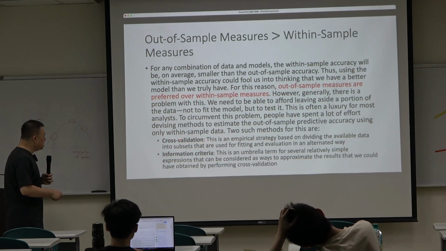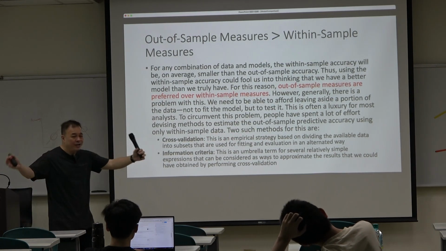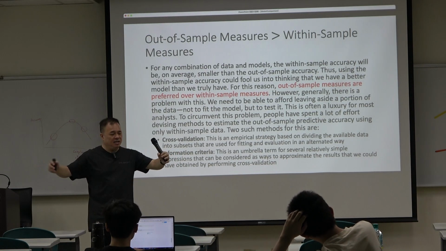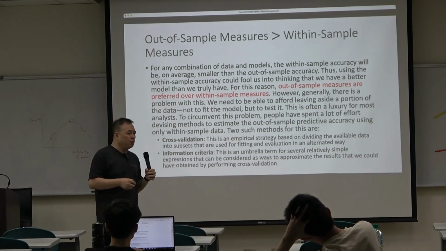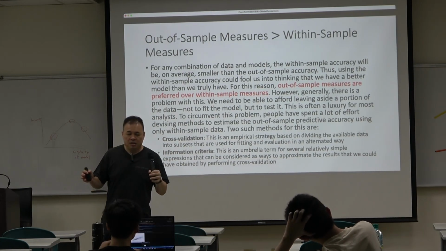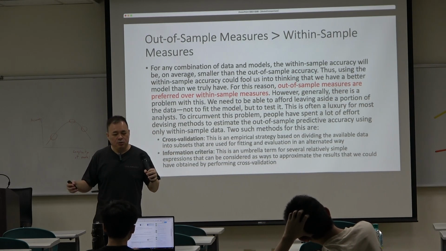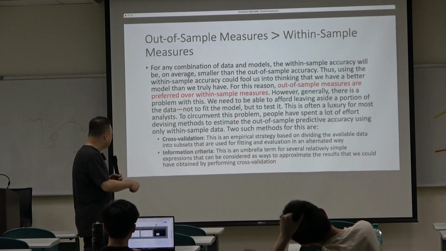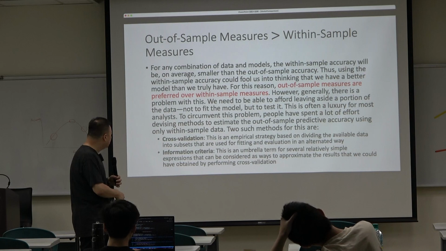With cross validation, you divide the whole data set into k subsets, and then you train multiple models, k models to be exact, and you use the average of these k models to see the accuracy. That's how cross validation works. I will explain in more detail shortly.